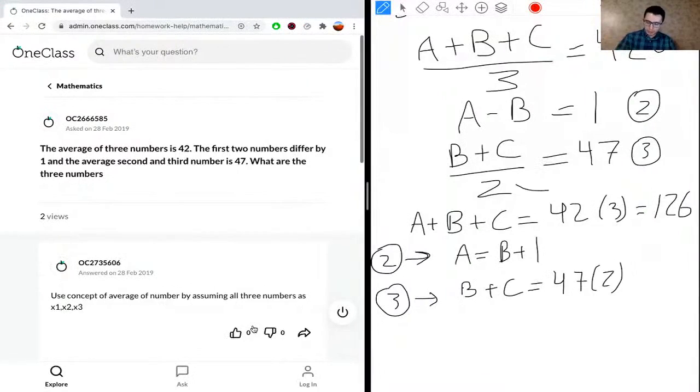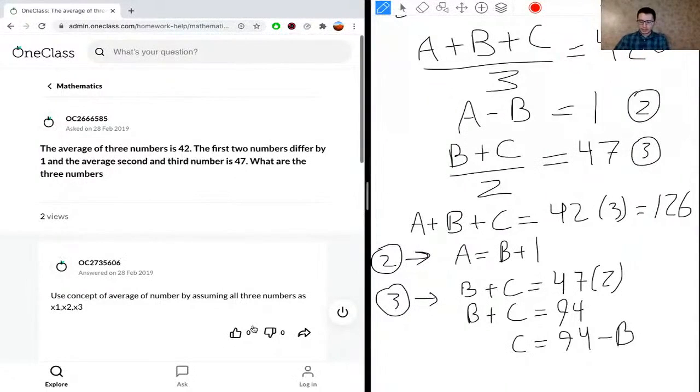Once again, we just move this over to the other side of the equation by multiplying both sides by 2. So B plus C equals 94. And then we have C is equal to 94 minus B.